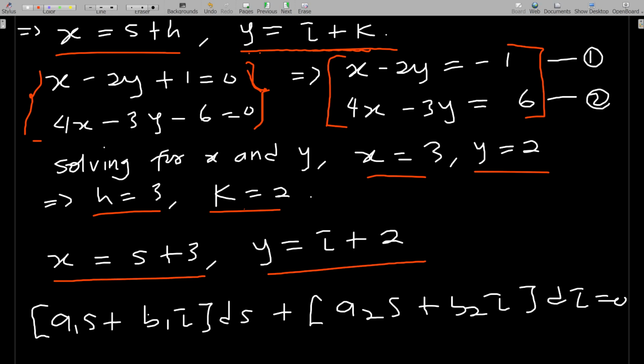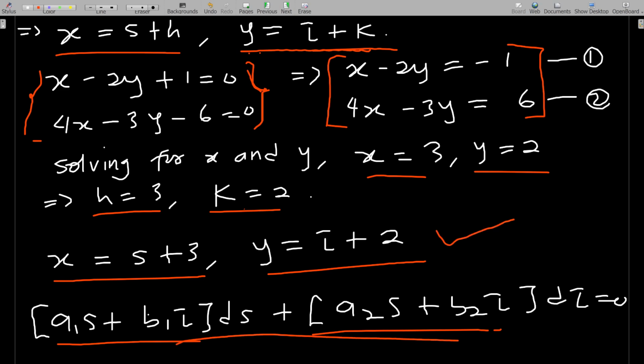Very simple like that. And we said that after everything, the differential equation will be transformed into (a1 S plus b1 tau) dS plus (a2 S plus b2 tau) d tau equals 0. Always remember this. So all you need is just this transformation, so that you come back and do your substitutions at the end.